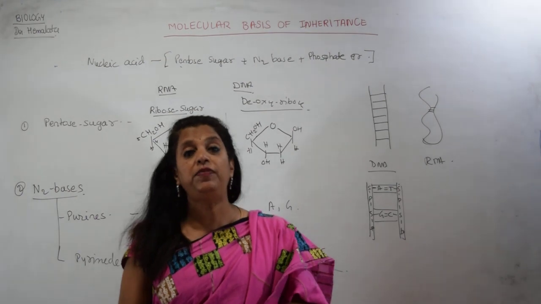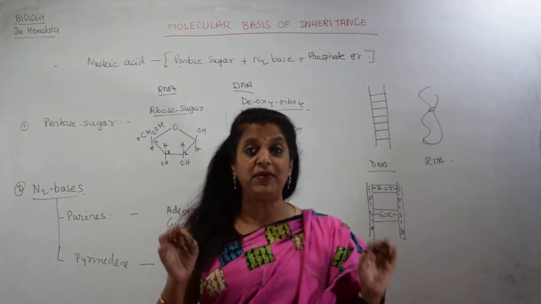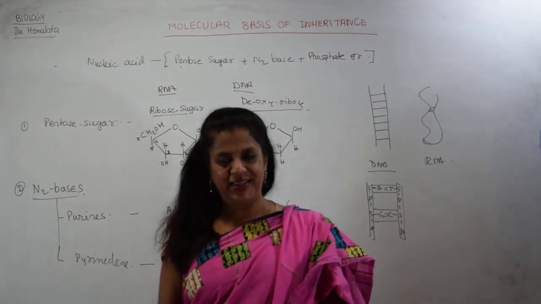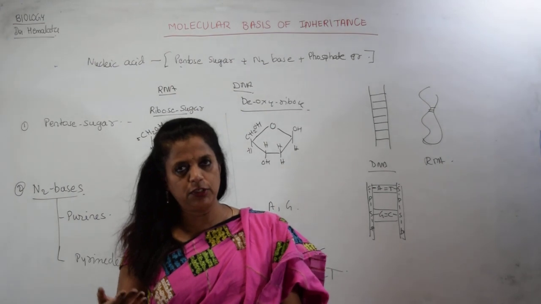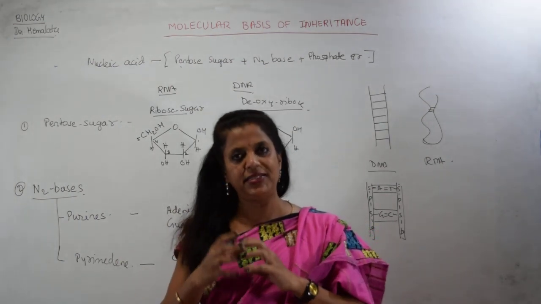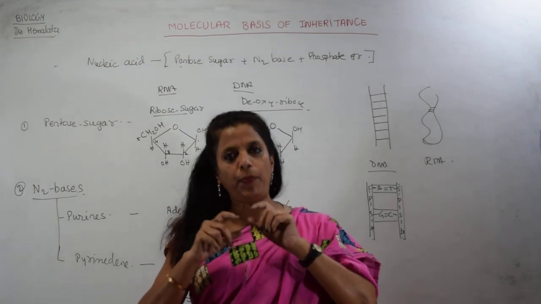What are the other functions of DNA? DNA takes part in, or guides, the process of protein synthesis. When I talk about protein synthesis, I will explain the details of this. Whenever any body or any cell requires proteins, this DNA will produce one copy of itself.